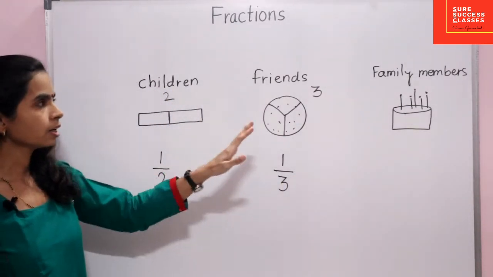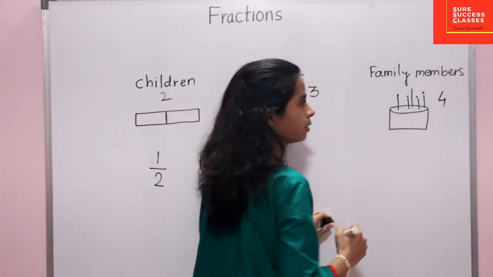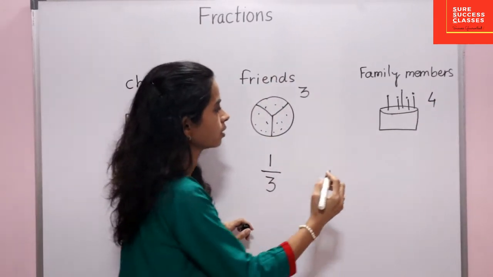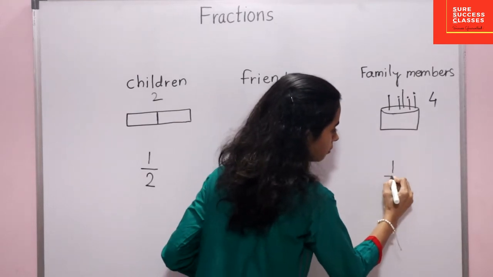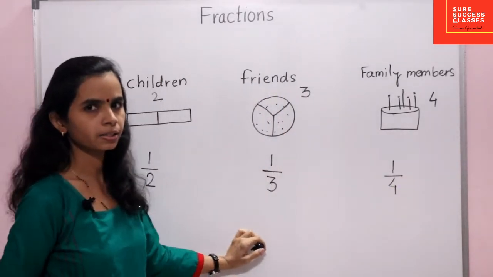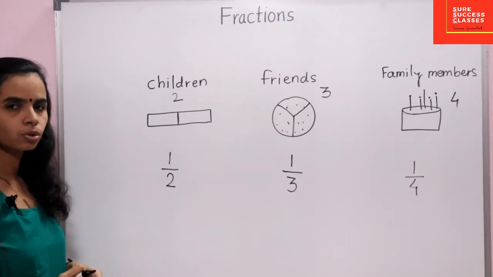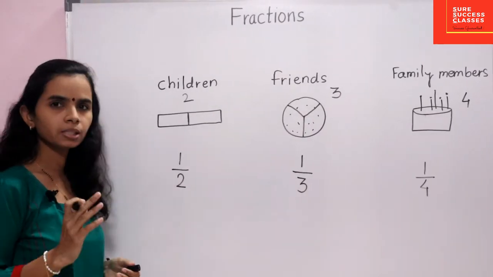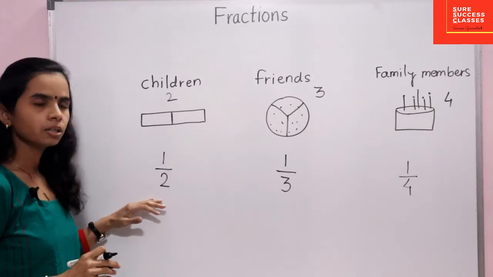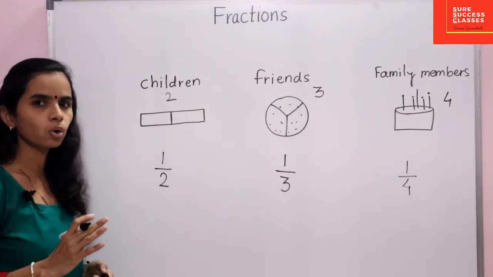And if there are four family members and they have cake, then each family member will get one part out of four equal parts. So fractions mean nothing but the representation of a part out of a whole.